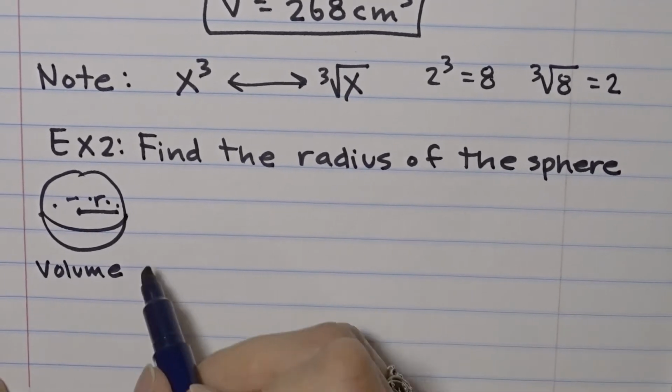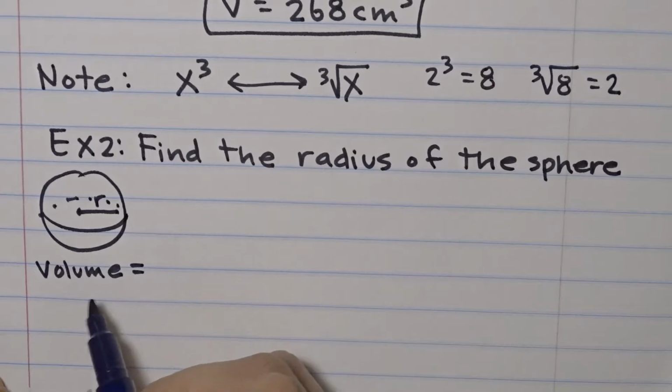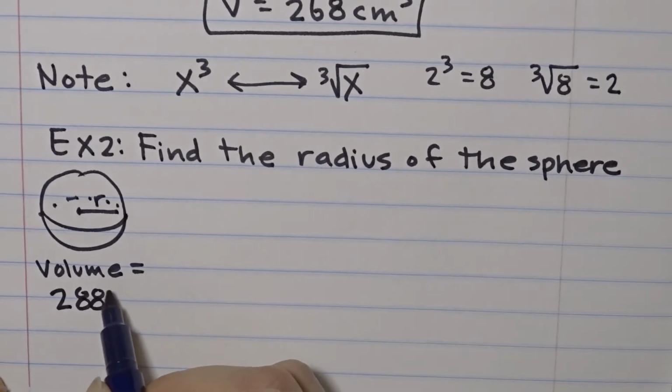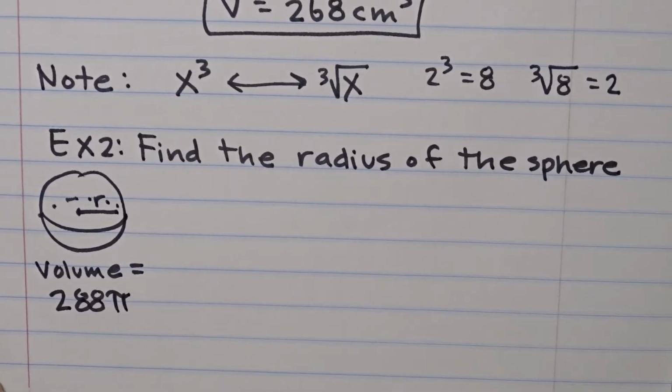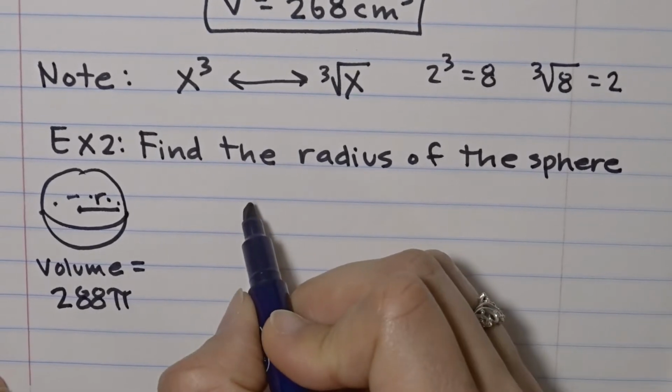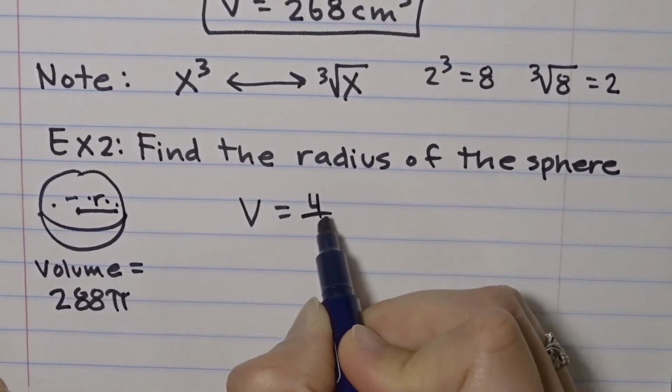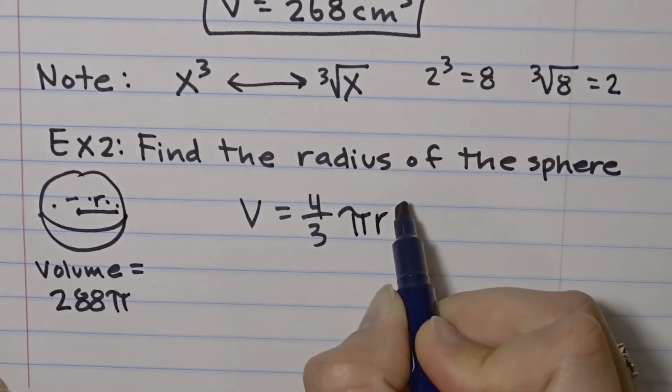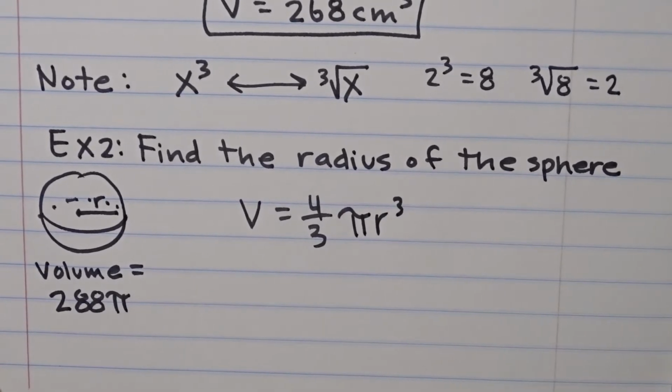And the volume is given to us as 288 pi. So we're going to use our formula that we already know. And we're going to plug in the things we know.